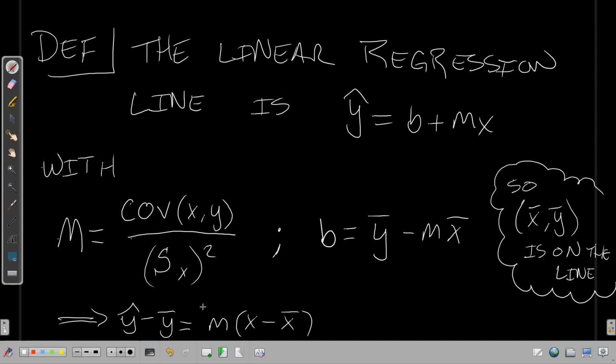And then you don't have to worry about writing a separate value for b. Or I guess I could move this y bar to the other side for you. The equation of your line is y bar plus m times x minus x bar.